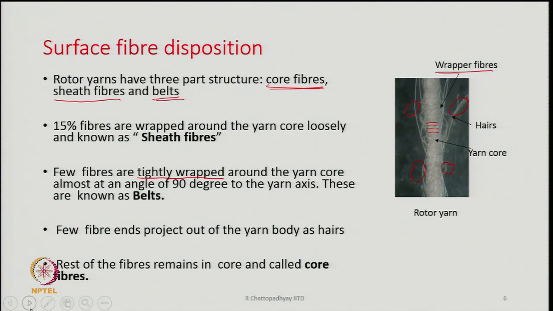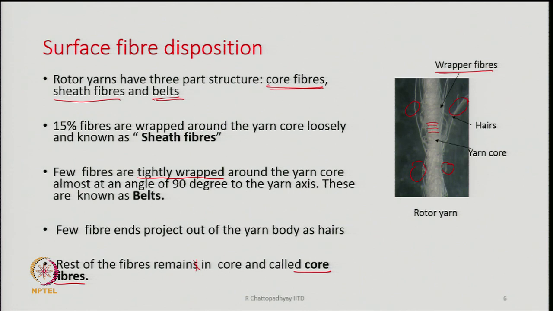If we leave these fibers, the rest of the fibers are in the core part of the yarn, and they are known as core fibers. The rest of the fibers remain in the core, and therefore, they are known as core fibers. So, that is how the fibers can be classified.